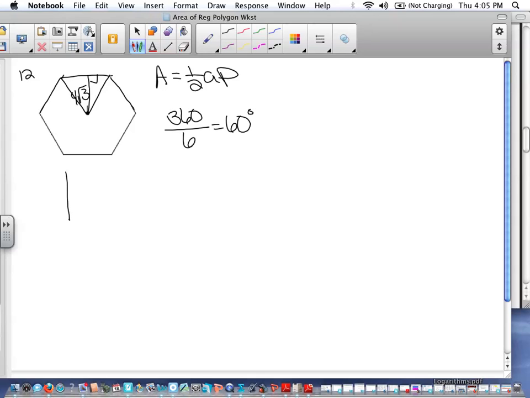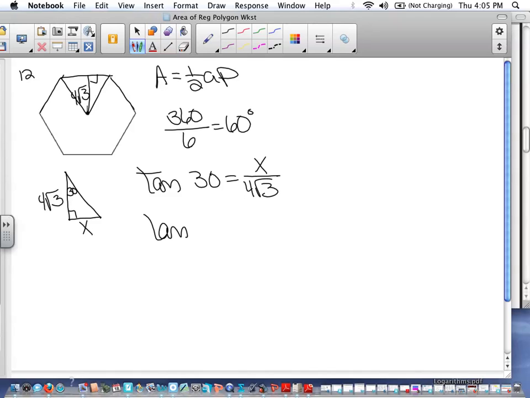Then when we bisect that central angle with the apothem, the length of the apothem is 4 root 3. In order to find the length of the side x, we're going to use the tangent ratio. So tangent of 30 is equal to x over 4 root 3. Again, you can find a value of 4 root 3 in your calculator.